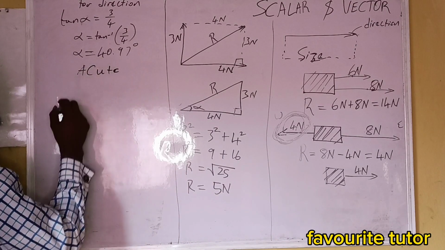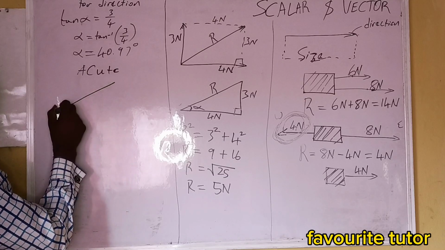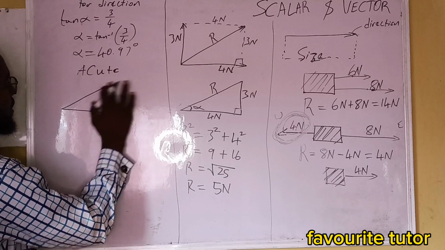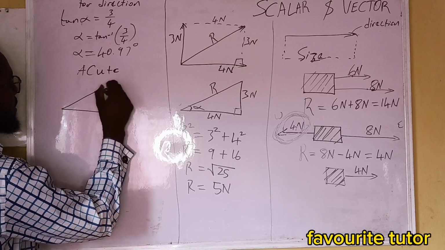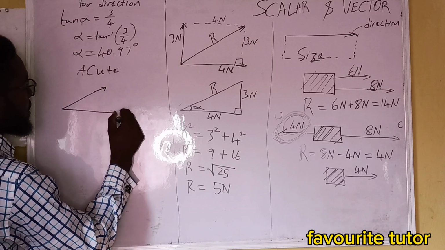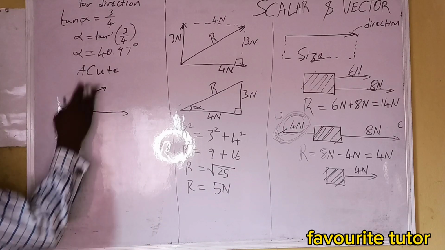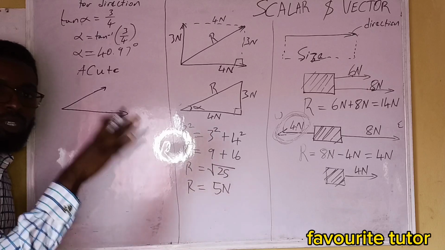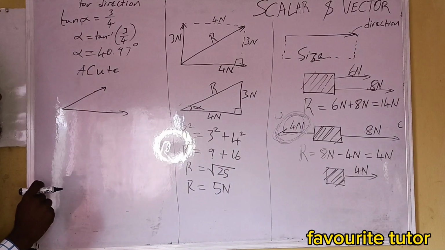For an acute angle, it is something like this, an angle greater than 0 but less than 90.